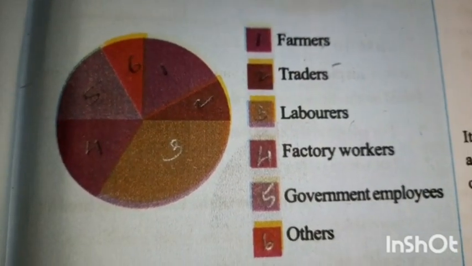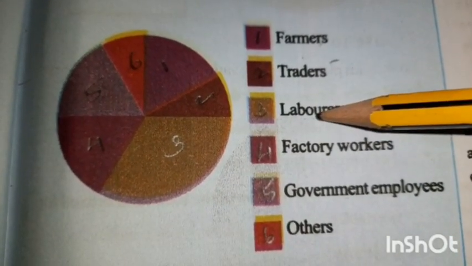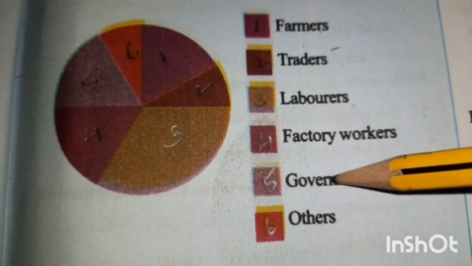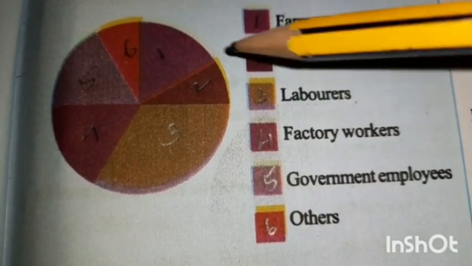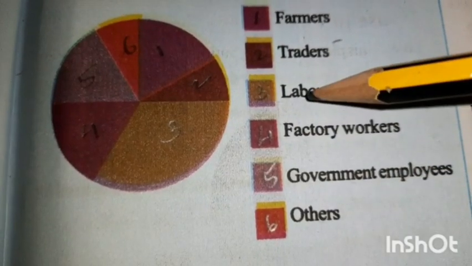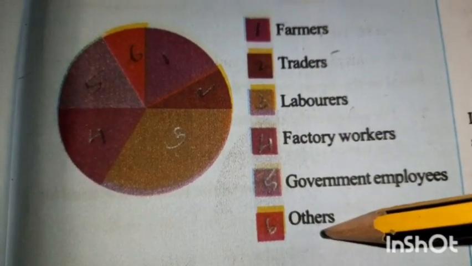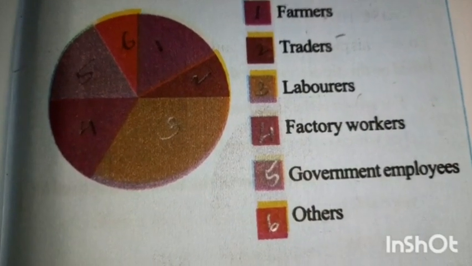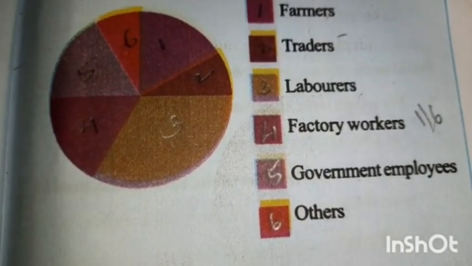So most people are laborers. Next are factory workers, farmers and government employees. The least number of people are traders and others.